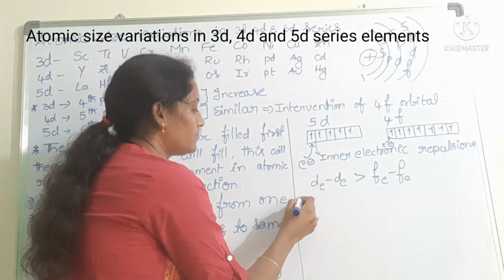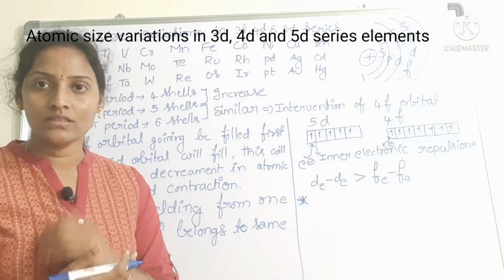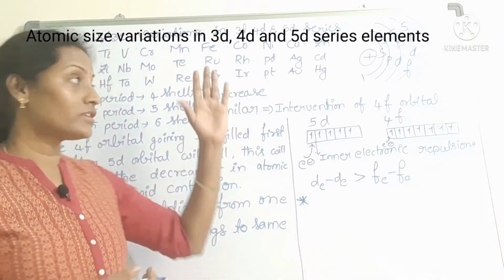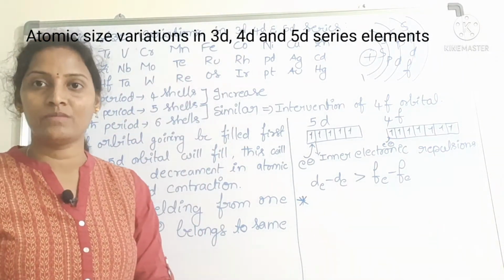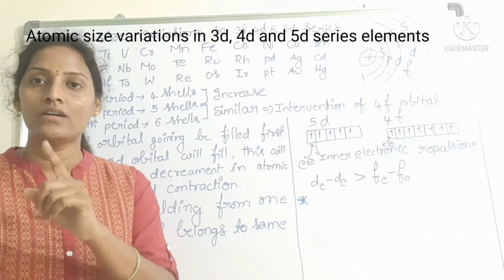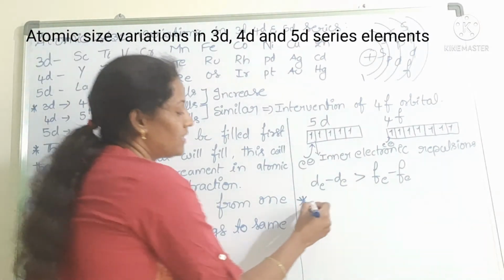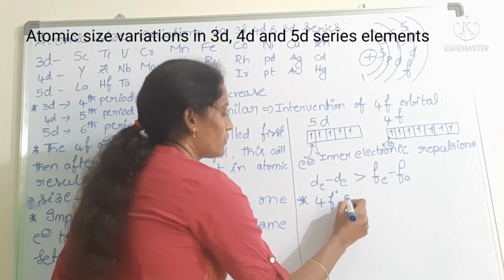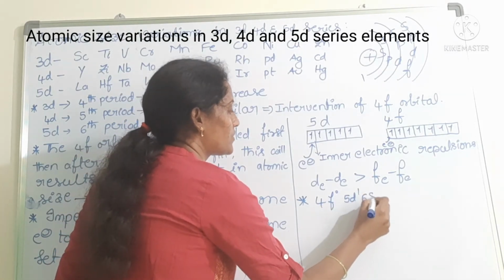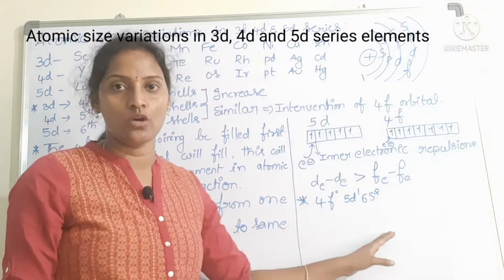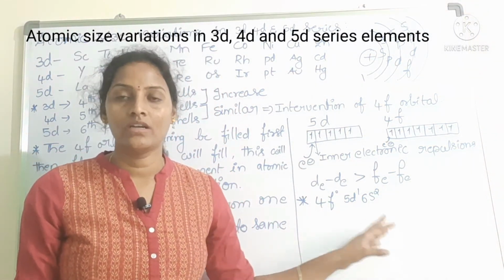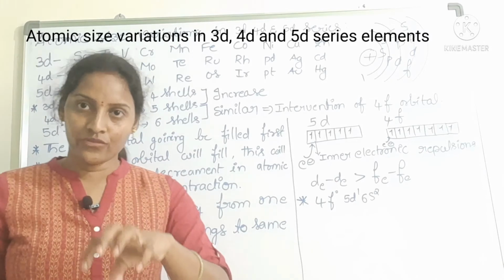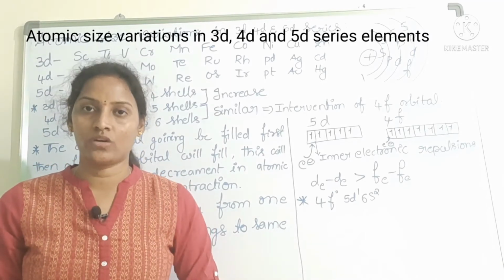Coming to another question: is this lanthanide contraction applicable for all 5d series elements? No, it's not applicable for lanthanum. Why? Because lanthanum has 4f0 5d1 6s2 as its outer electronic configuration. Only if there are f electrons is lanthanide contraction applicable.